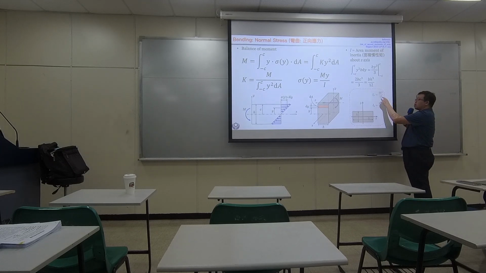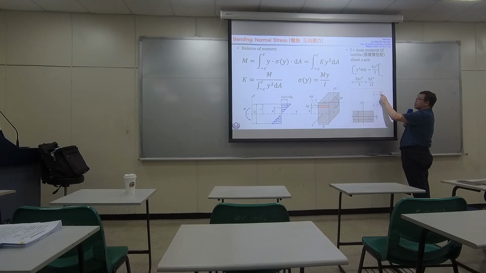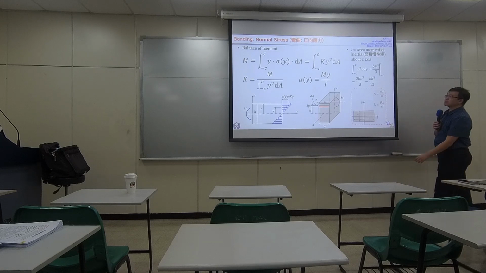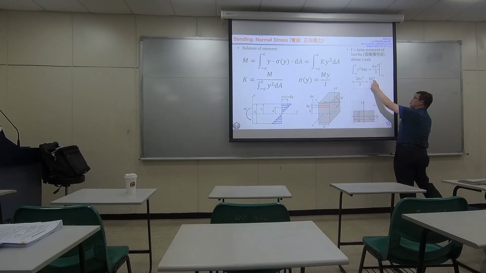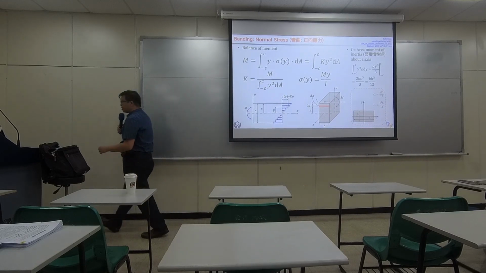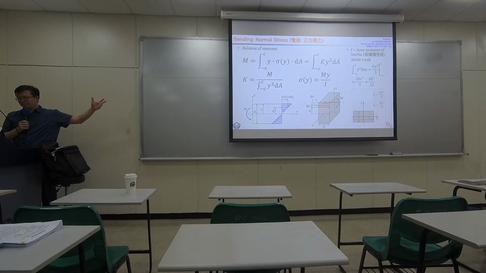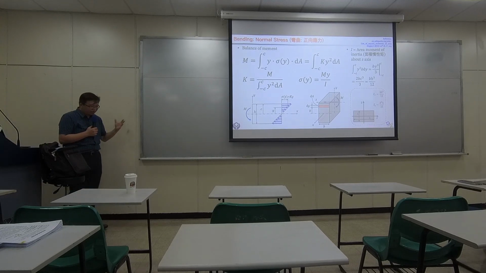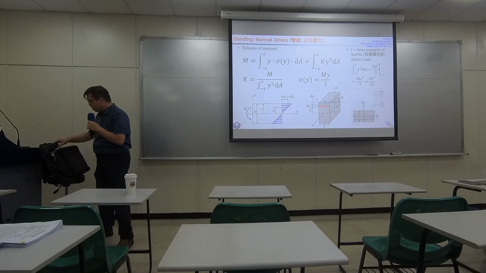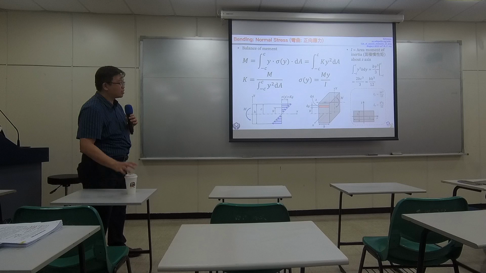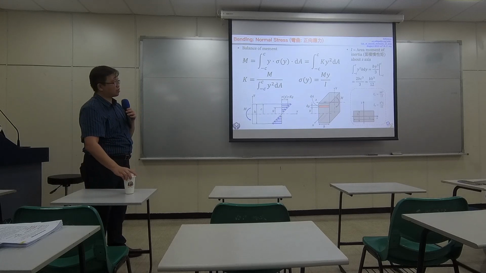So I use bh cubed over 12 in this particular case. bh cubed over 12. You have learned this already, but if you already forgot, or you didn't learn well in the previous course, you must understand this in this course.